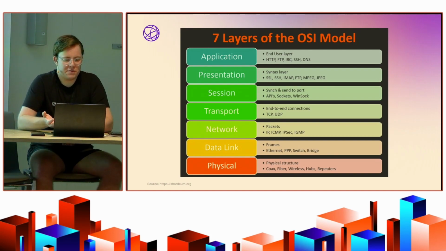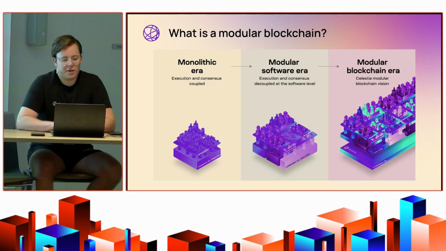But the thing that it helps us with as a user is we don't have a bottleneck in any of those layers of the process. So the way that we're thinking about blockchains and modular blockchains is splitting apart this current structure that we understand and breaking it apart so that people can customize it, make it faster, make it tailored to whatever use case for their application. And this is what we're calling the modular blockchain era.